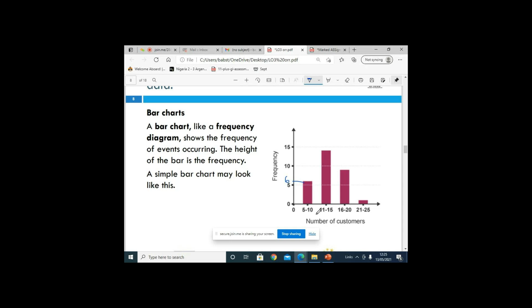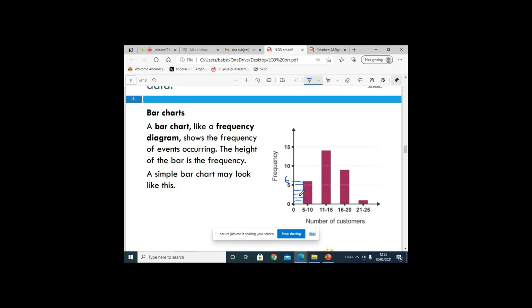So it represents one for each box, right? Each line represents one, like 5, 6, 7, 8. Each small box represents 1, like 1, 2, 3, 4, 5.